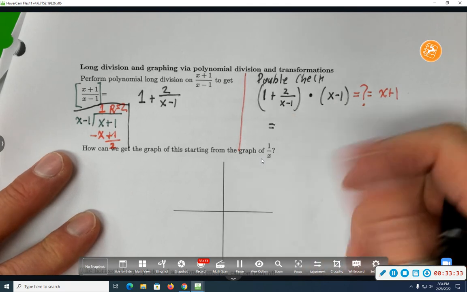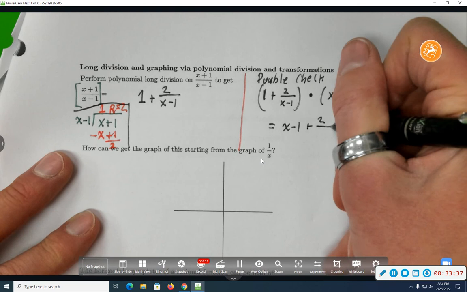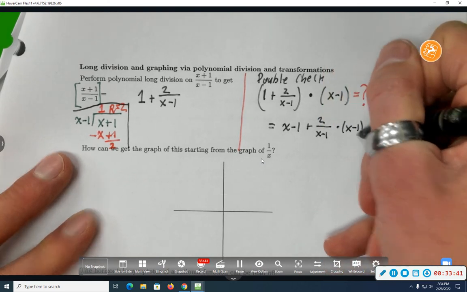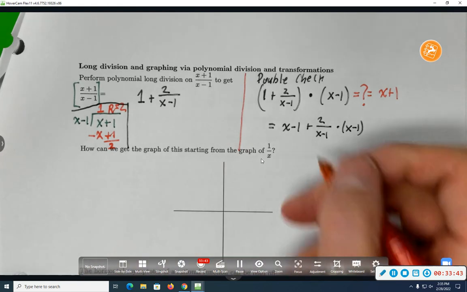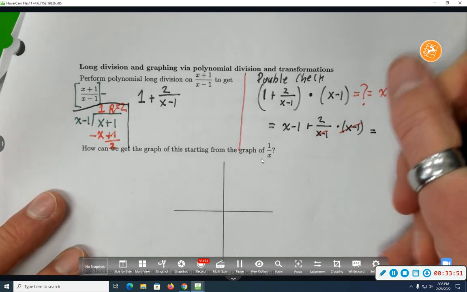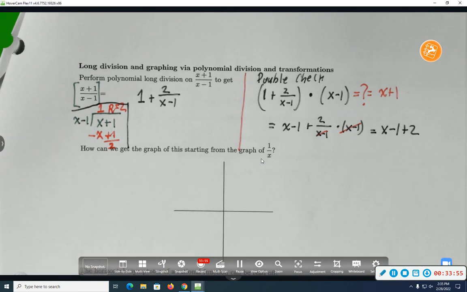X minus 1 times 1 is x minus 1, plus 2 over x minus 1 times x minus 1. Those two things now cancel. Divide by a thing, then multiply by a thing. Those should cancel. Is that the same as x plus 1? Okay, good. Then I'm not feeling nervous anymore. This division is actually correct.